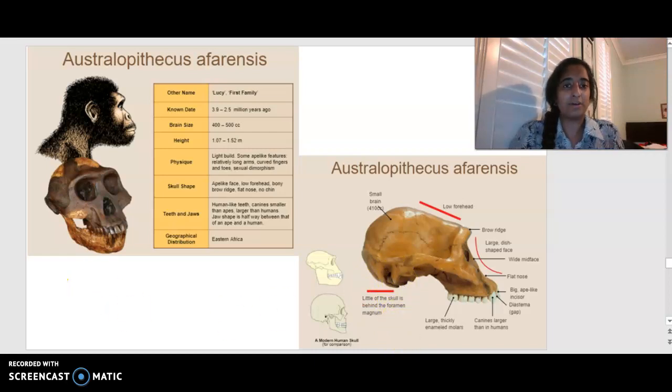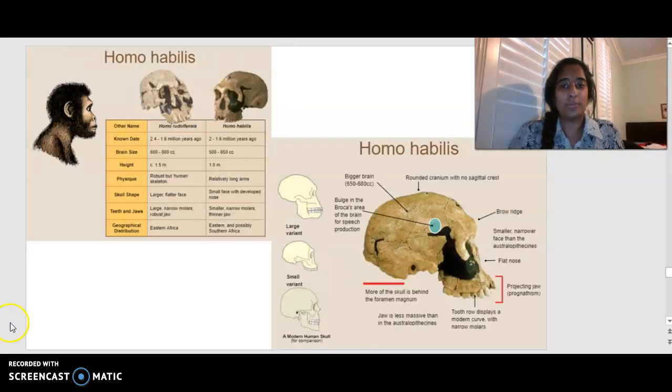Looking now to our next ancestor, Homo habilis. In terms of physique, Homo habilis had relatively long arms, a smaller face with a little bit more of a developed nose, smaller, narrow molars, a thinner jaw. And in terms of structure, you can compare here again to the modern human skull. We can see the nose is still a bit flat.